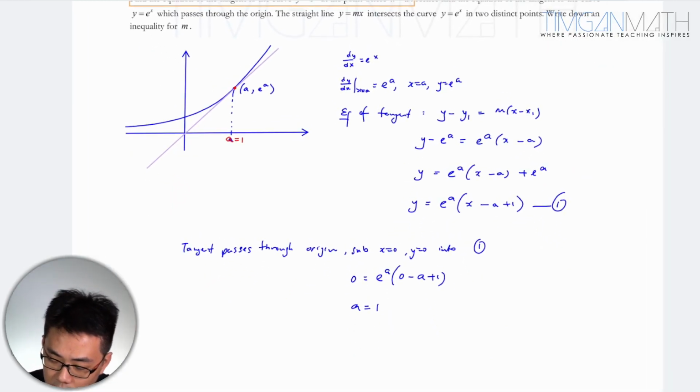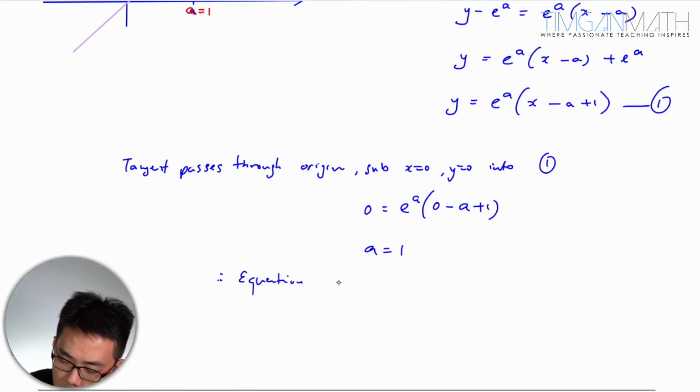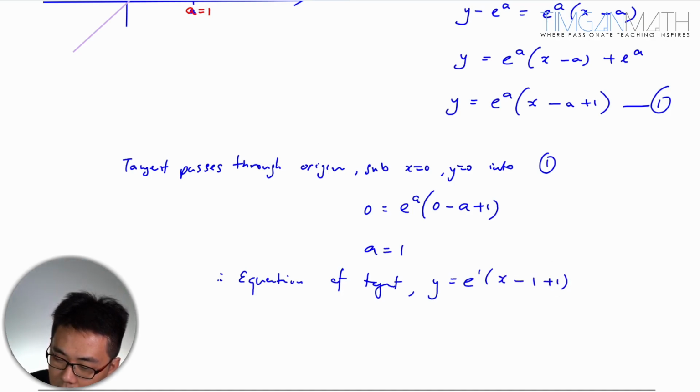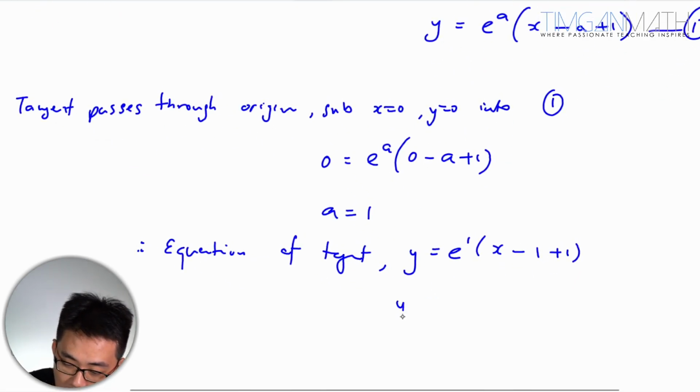So hence the equation of tangent will be y equals e^1(x minus 1 plus 1), which is actually this equation. Since a equals 1, I substitute back, and it will be y equals ex.